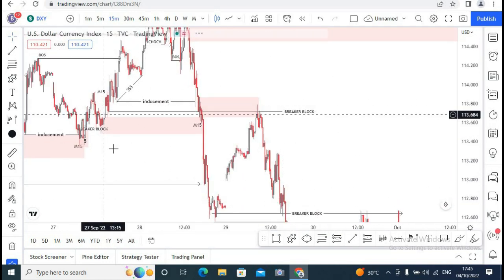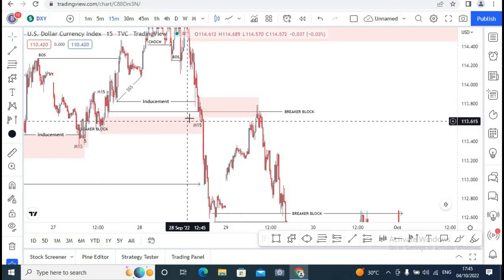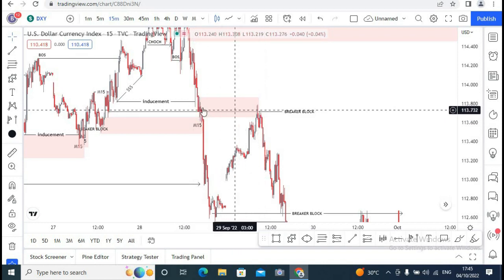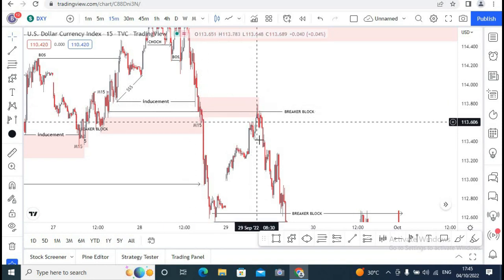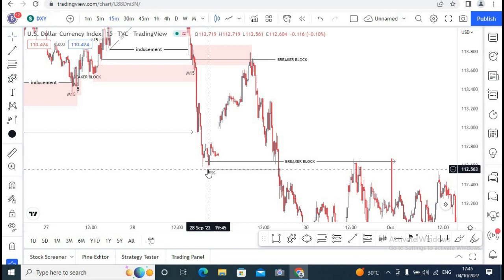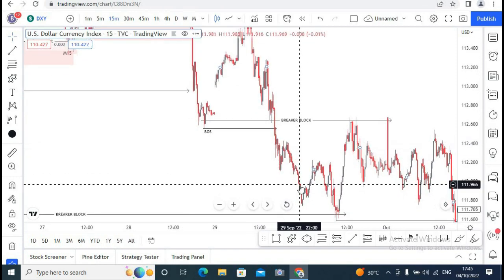As you can see here, this was our demand level, and then the price failed to give us a push to the upside, and then this was our breaker block, and then the price just came back to mitigate the last opposite candlestick, and then shifted the market going to the downside, meaning we did have another previous lower low, and then the price gave us another break of structure, creating a new lower low, right?